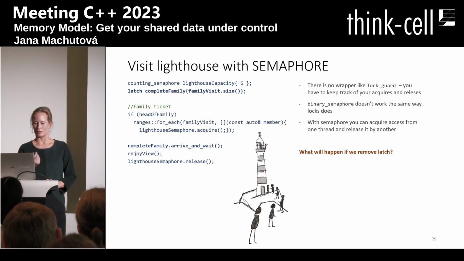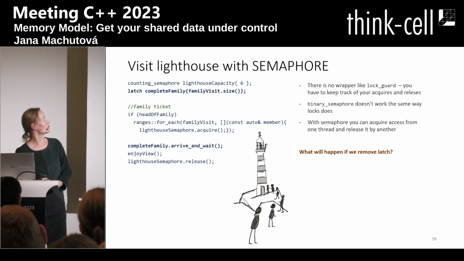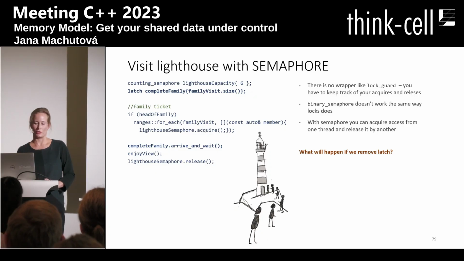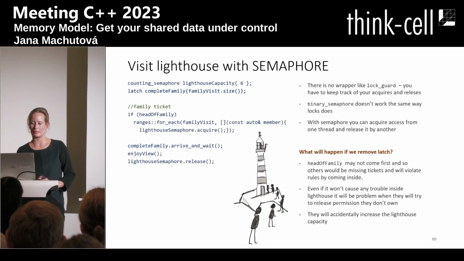So there's a question: what will happen when we remove the latch? There is actually a latch that waits for all the family to arrive before going to the lighthouse, even when the head of the family already has the tickets.